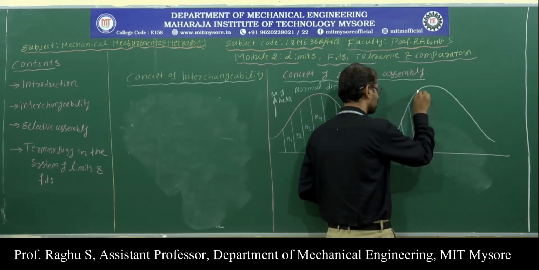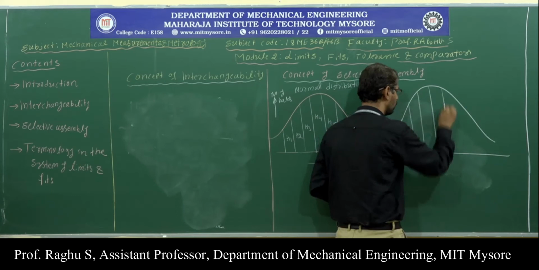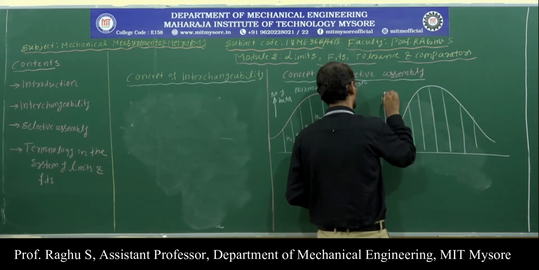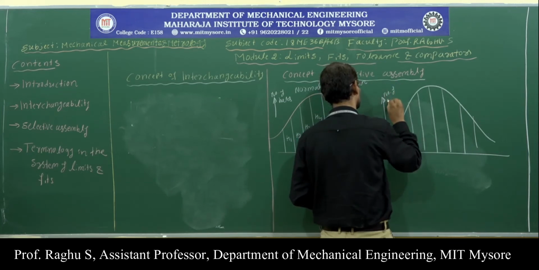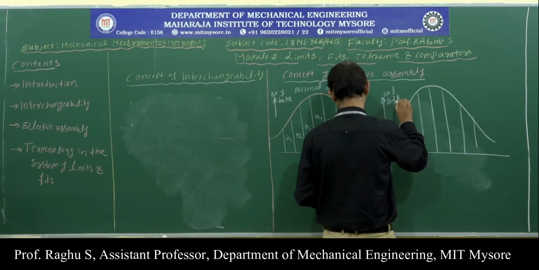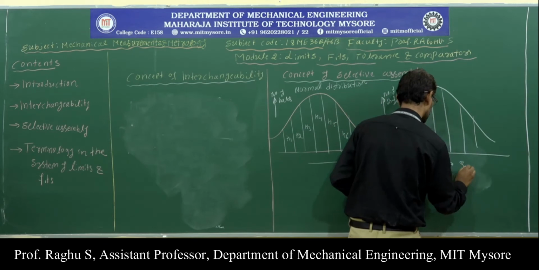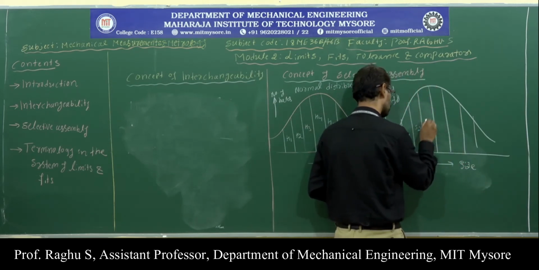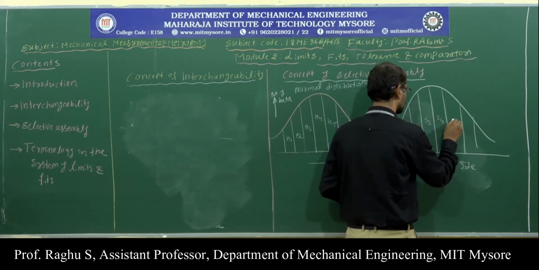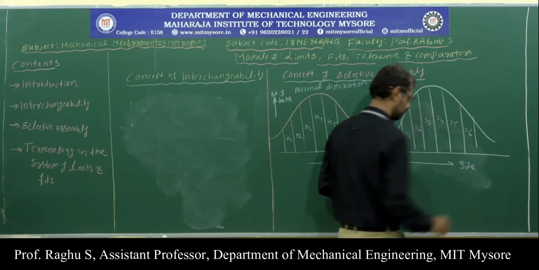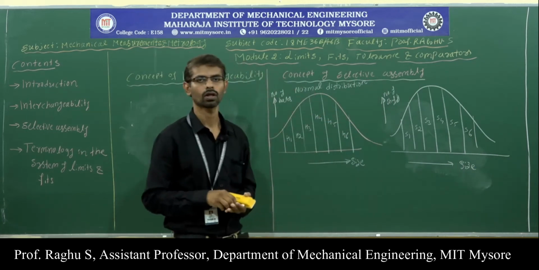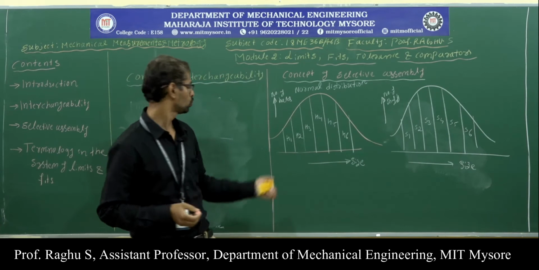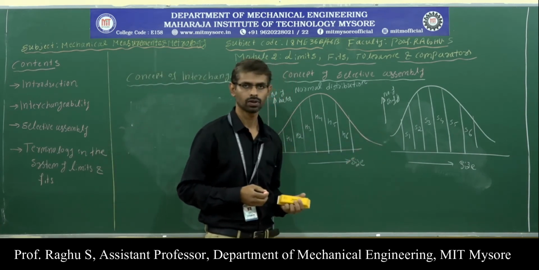So I am writing the size distribution of shaft, the number of shafts. This is S1, S2, S3, S4, S5, S6. The diagram shows the size distribution of holes and shafts.